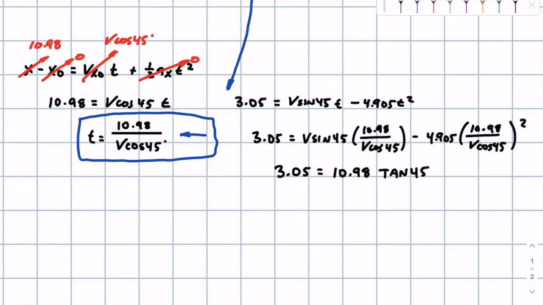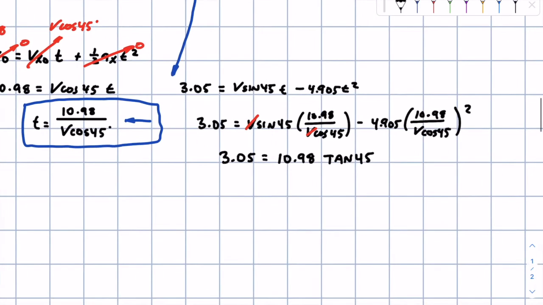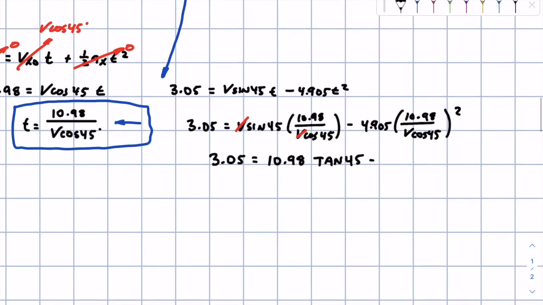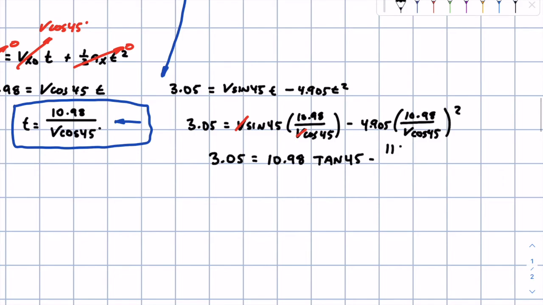Because sine over the cosine of the same angle is tangent of that angle. And if you notice, the v's are going to cancel. We've got a v here in the numerator and a v here in the denominator. Those are going to cancel. And we're going to get the minus 1182.7 divided by v squared. There we go.